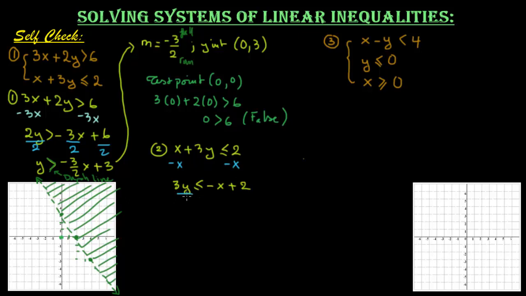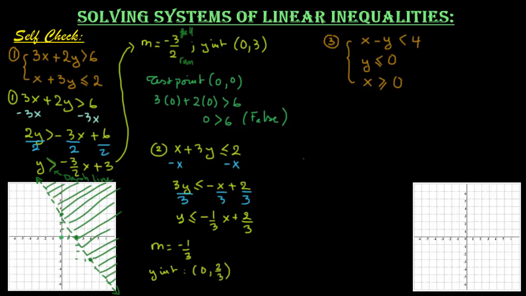Then divide by 3 on both sides. We have y less than or equal to negative 1/3 x plus 2/3. So my slope in this case is negative 1/3 and the y-intercept is (0, 2/3).